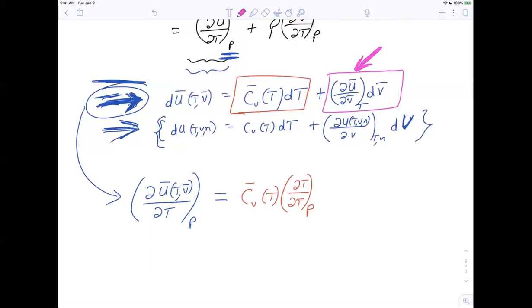This is sort of like, you could think of this as a rate of change at a very specific set of conditions, and it doesn't ever change. So the partial of u bar with respect to v bar at constant T, you can treat it as a constant. You can always treat that as a constant because it's just a rate of change under a given set of conditions.